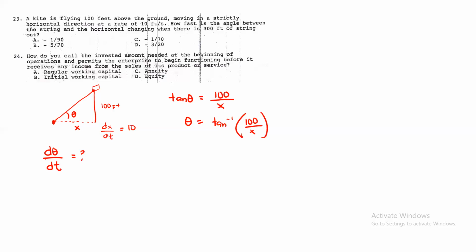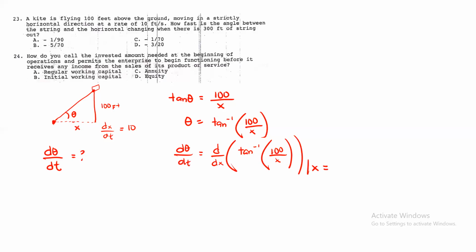Syempre, kunin muna natin yung value ni x. Para makuha natin yung d theta over dt, derivative natin to with respect to x, arctan ng 100 over x. So, anong value ng x dito?